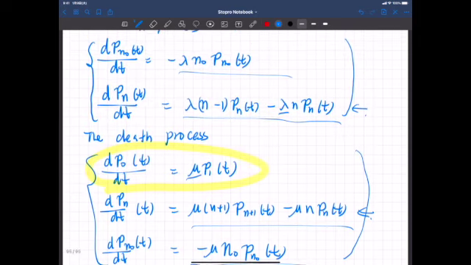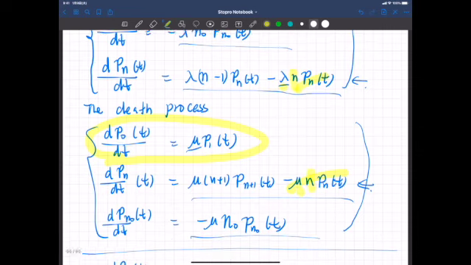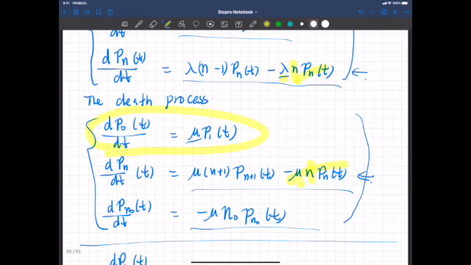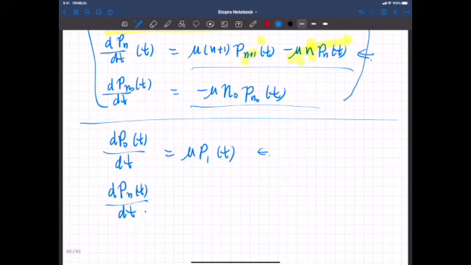So in this case, we have Pn here and Pn here, and both are proportional to n, and they have different coefficients. And we have n minus 1 here and n plus 1 here. So they are different terms. So first, let's combine these two. So that would be negative lambda plus mu, times n, times Pn of t.